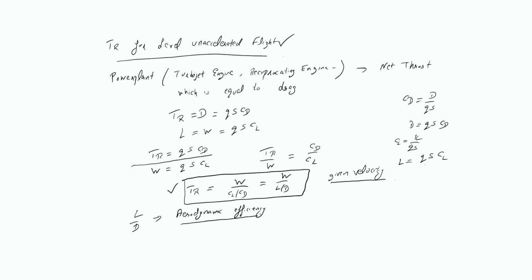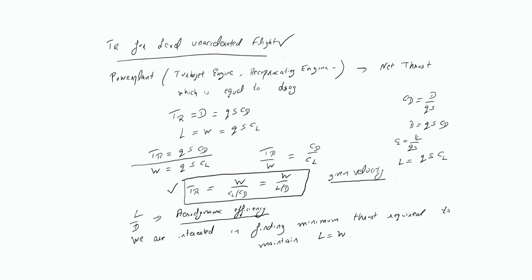And now, as an engineer, we would like to know what will be the minimum thrust required to maintain lift equals weight. So let me write here: we are interested in finding minimum thrust required to maintain lift equals weight.